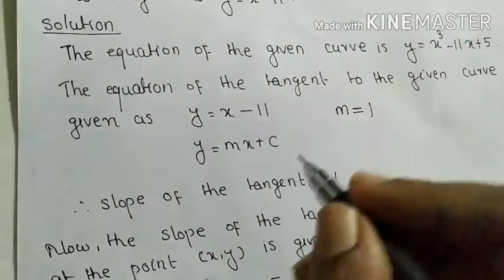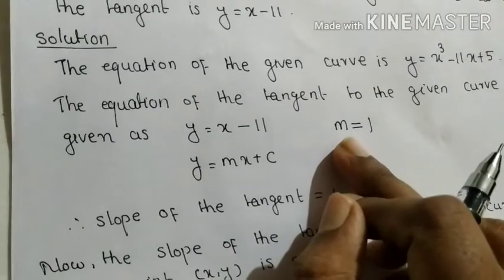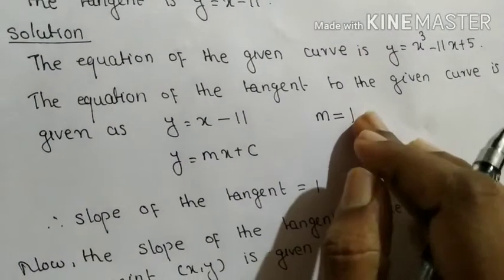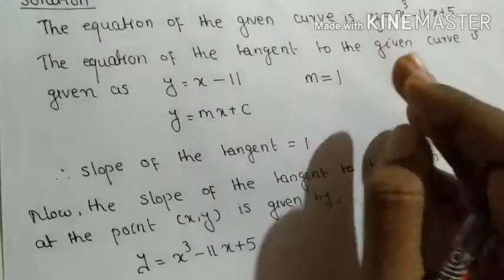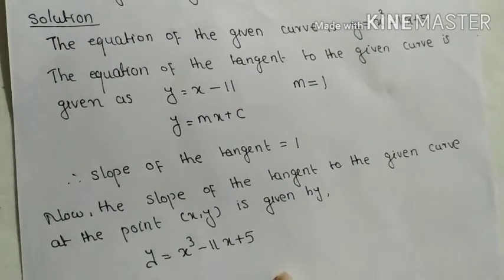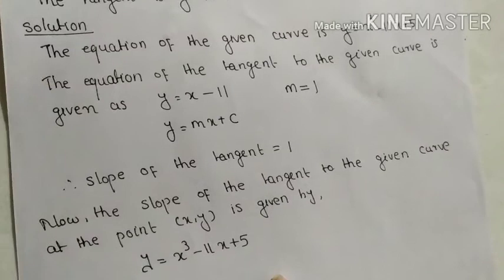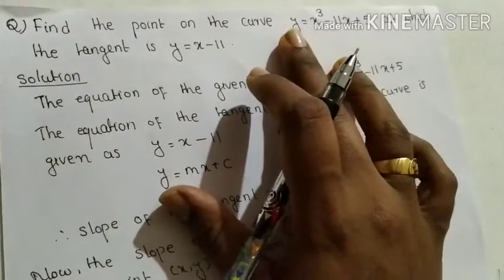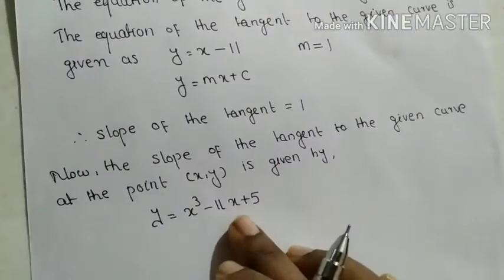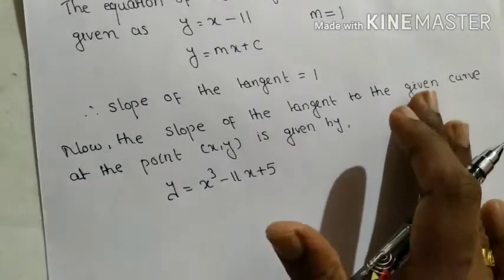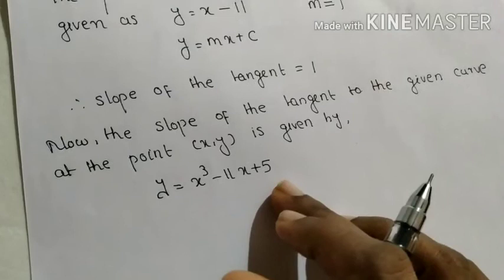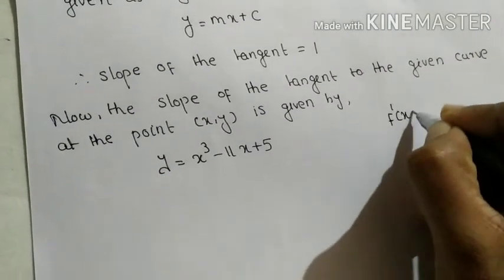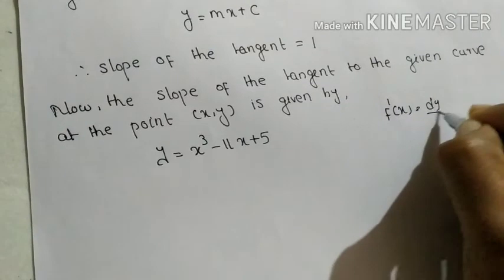So, m means the slope of the tangent. So, by this we get the slope of the tangent as 1. Now, the slope of the tangent to the given curve at the point x comma y is given by, we know that the given curve is y equal to x cube minus 11x plus 5. And the slope of the tangent is f dash of x or dy by dx, right?